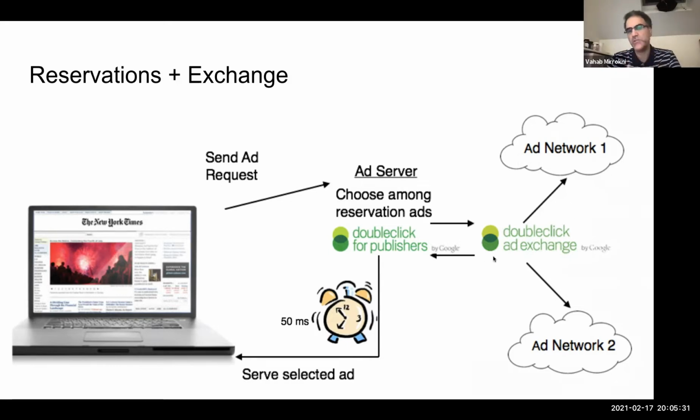The ad exchange chooses a winner and returns an ad to the ad server, and the ad server finally sends maybe a set of ads to the publisher to show. And the whole thing should happen in a matter of tens of milliseconds. So the system, the algorithms, and the auctions that are used here should be very simple, and should be implemented in a distributed manner and at scale.